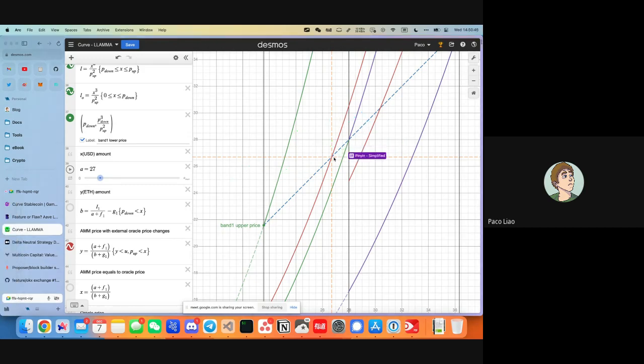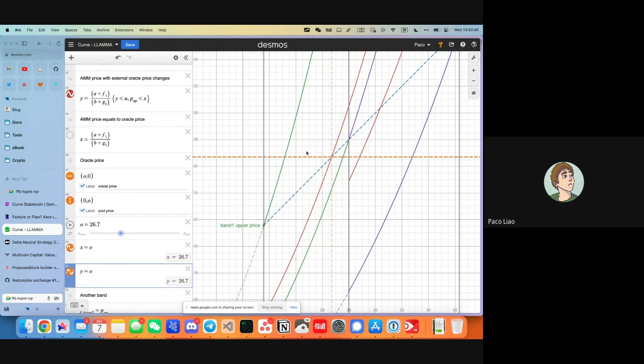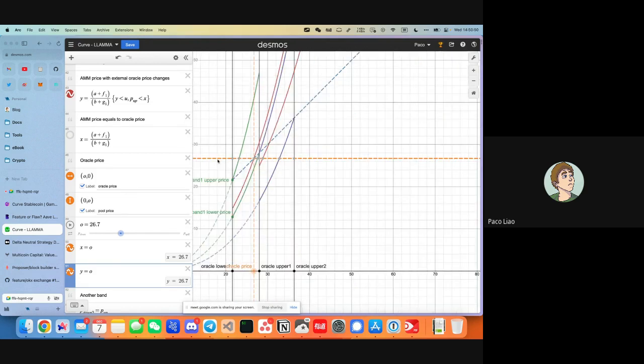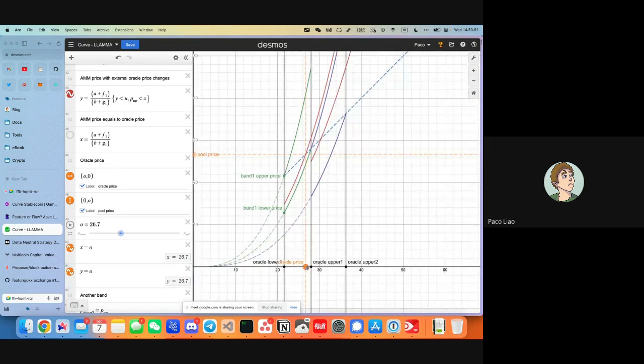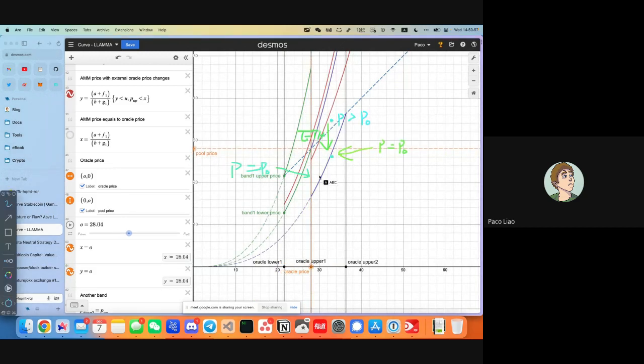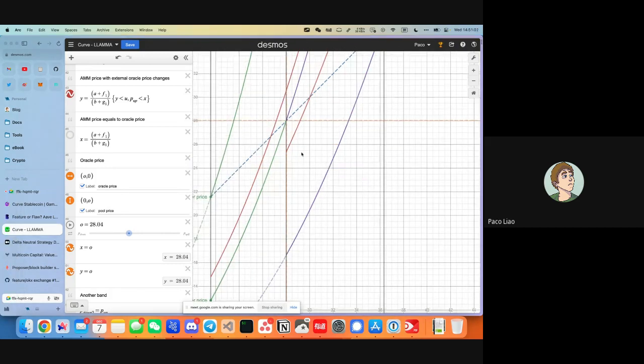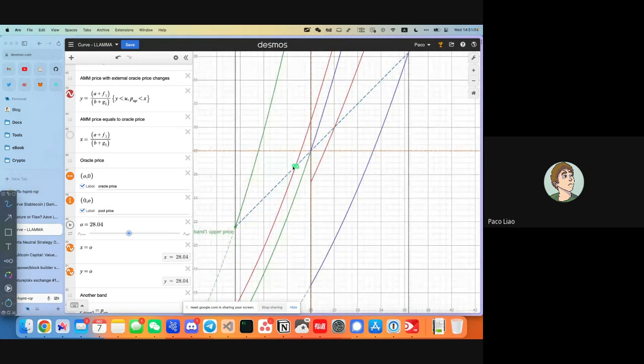And you can see if the price continues going up, going to the P up, we will have an arbitrage opportunity again, because last time we reached this point and the external price continues going up to here. So the market price will be here, and the market price is greater than external price again.